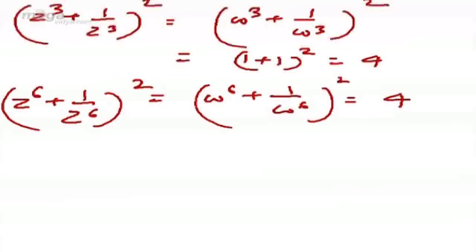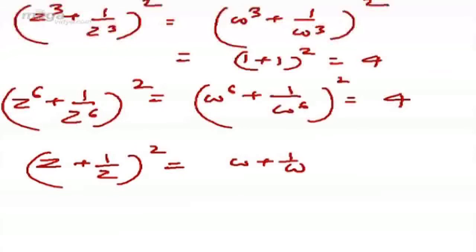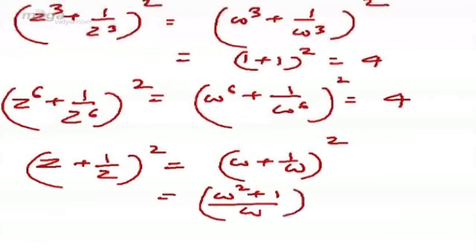Now let us come to the remaining 4 terms. Let us see what happens to the first term, that is (z + 1/z)². It will be (ω + 1/ω)². This will become (ω² + 1)/ω whole square. This will become (−ω)/ω whole square.